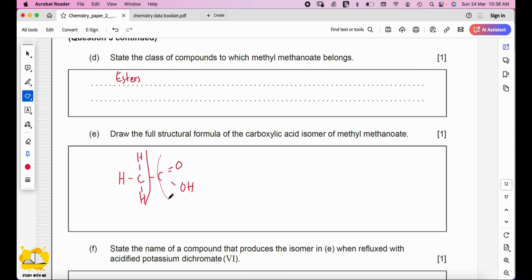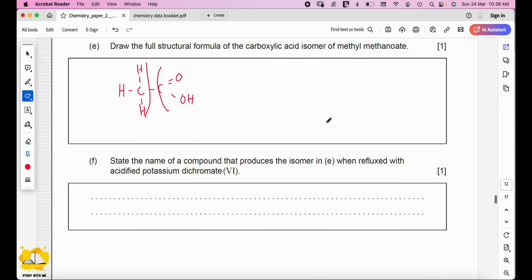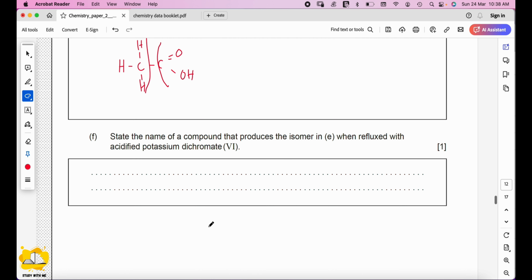State the name of a compound that produced the isomer in E when refluxed with acidified potassium dichromate. Acidified potassium dichromate is a reagent used to do an oxidation.